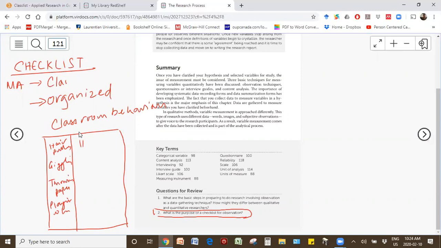So an observation checklist, because you're observing for these behaviors, this is what an observation checklist looks like. And in your textbook, they might have checks instead of the statistical way of denoting it. It doesn't matter, it's the same meaning.